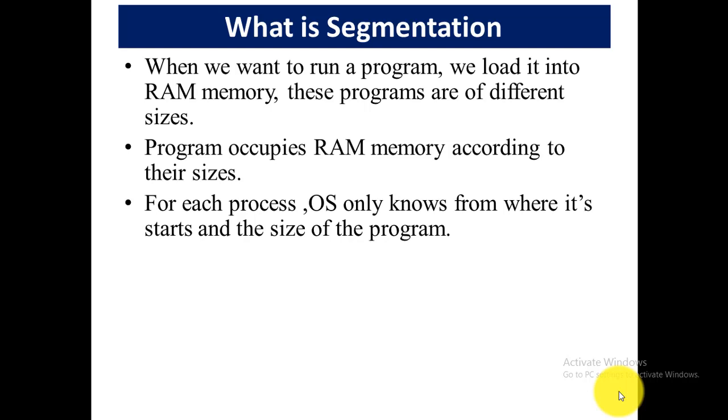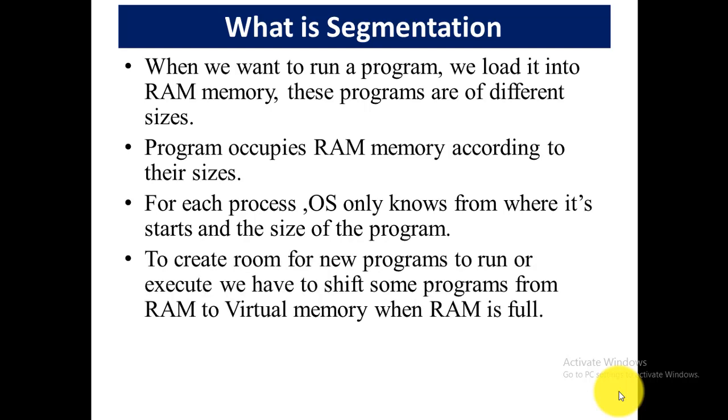So for each process, the operating system only knows where it starts and the actual size of the program. To create space for new programs to run or execute, we have to shift some programs from RAM to virtual memory when RAM is full.